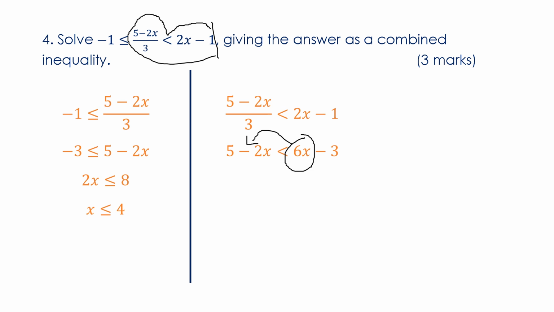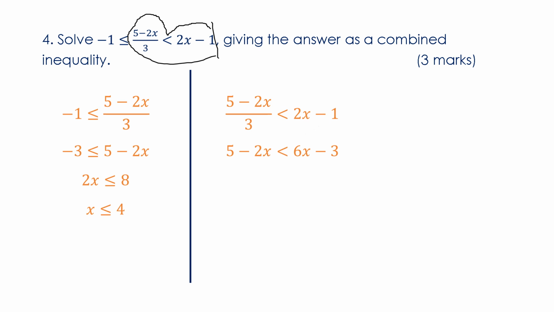But we don't want that. So the solution is taking this -2x to the right side, such that we'll have 6x plus 2x, which is positive 8x, and that is what we need.